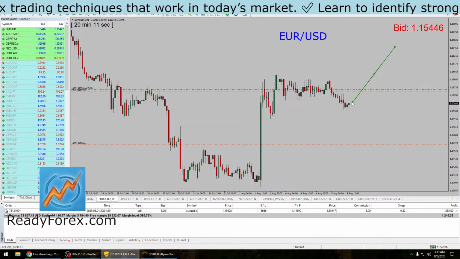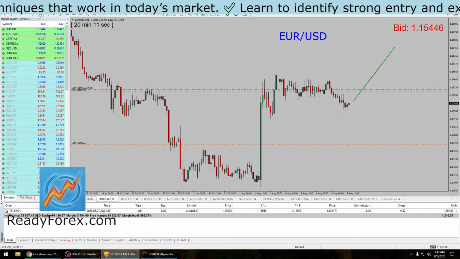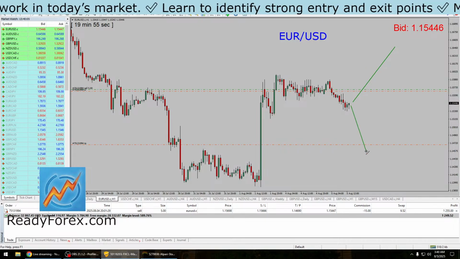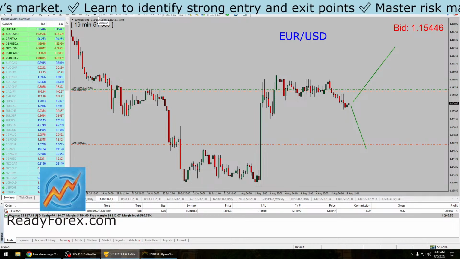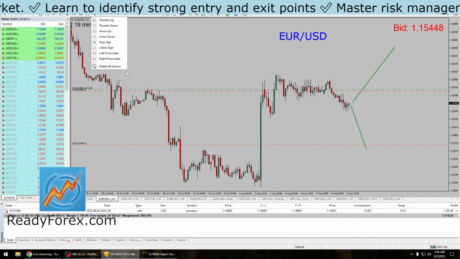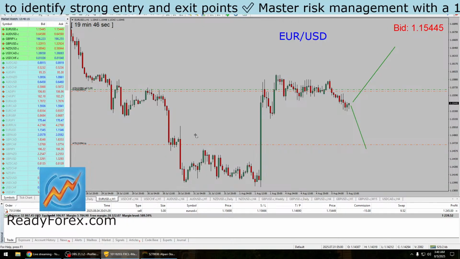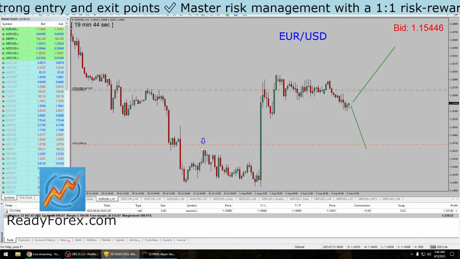However, the way I see it, there is quite a chance or possibility that price action is going to drop more. The old resistance, let me show you right over here.